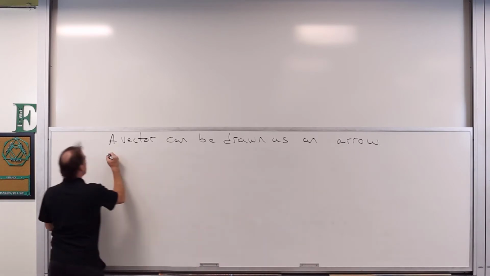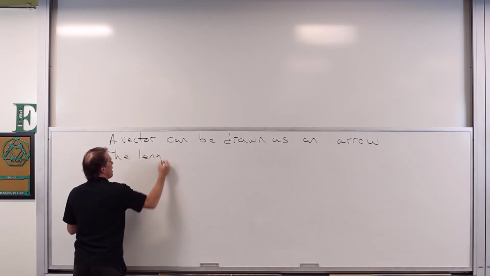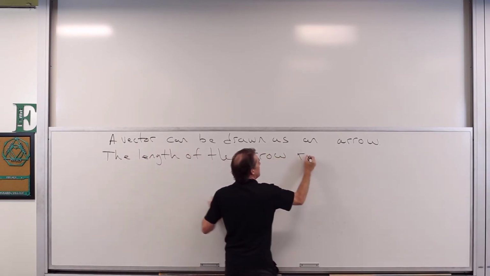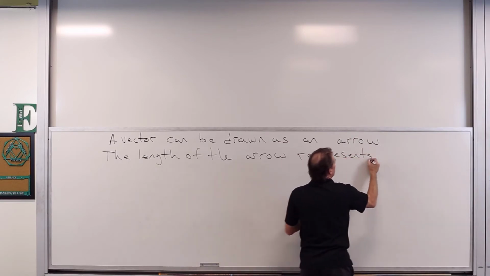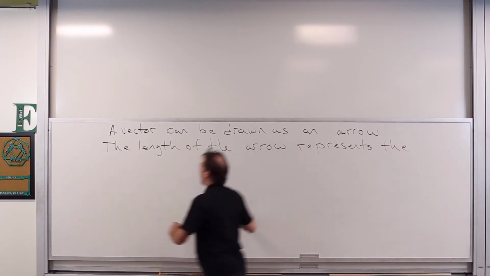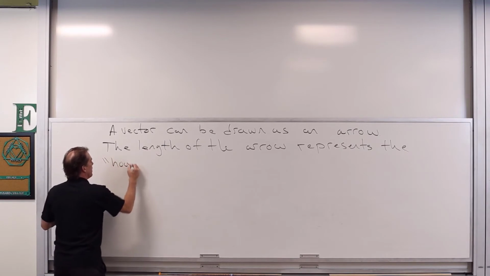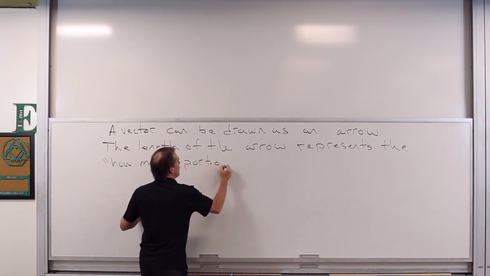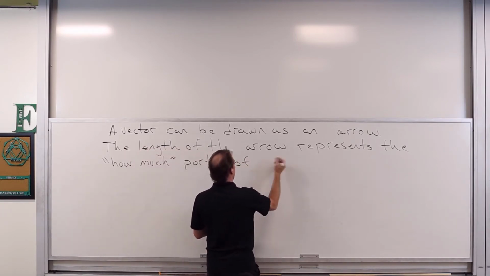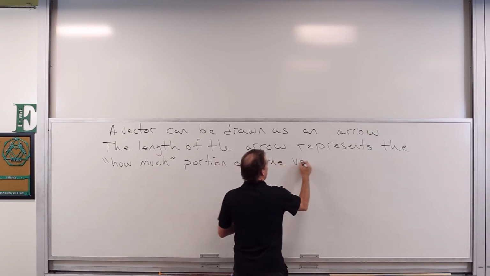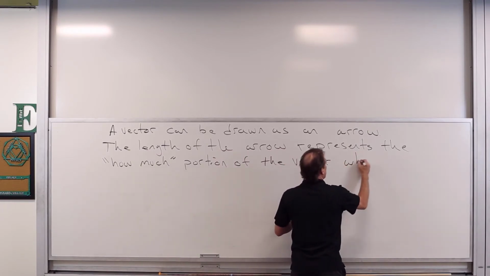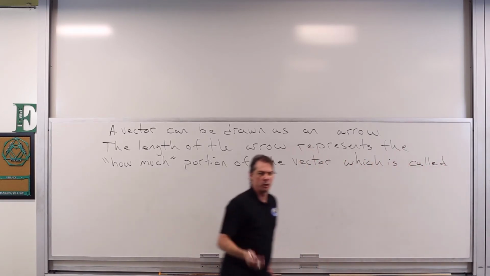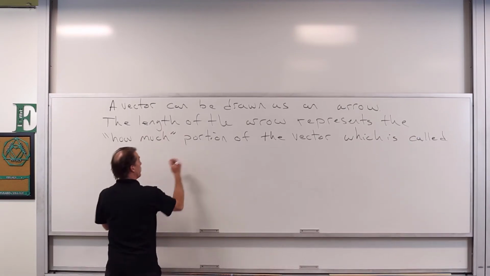The length of the arrow represents the how much portion of the vector, which is called the magnitude. The how much is called the magnitude.